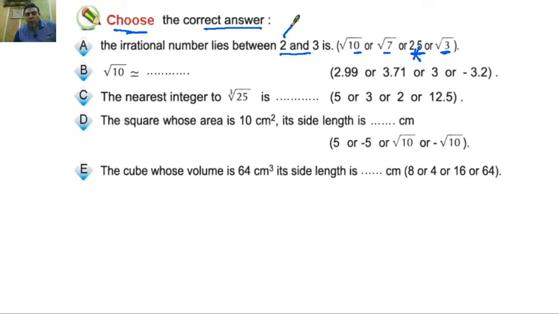We convert 2 into square root of 4 and 3 into square root of 9, because square root of 4 equals 2 and square root of 9 equals 3. So the number must be between 4 and 9. Square root 7 is between square root 4 and square root 9. Then it is between 2 and 3.